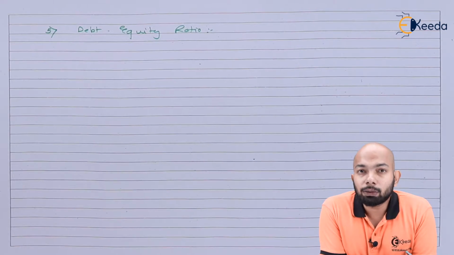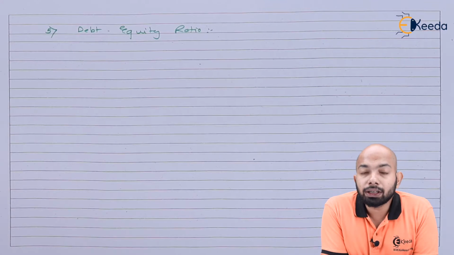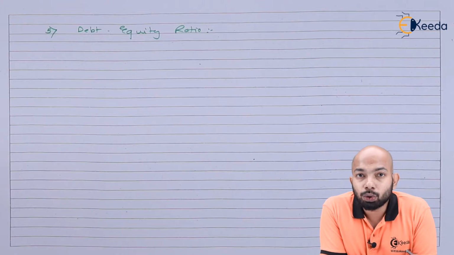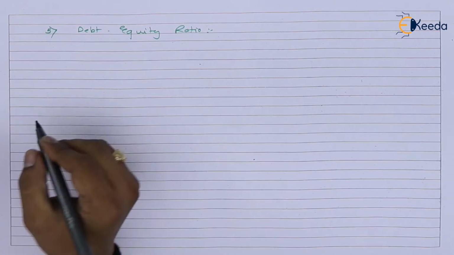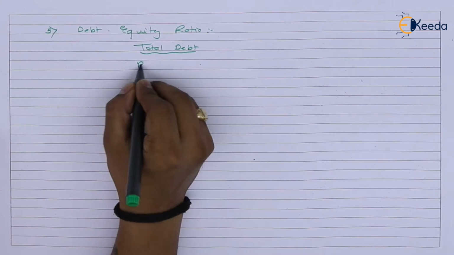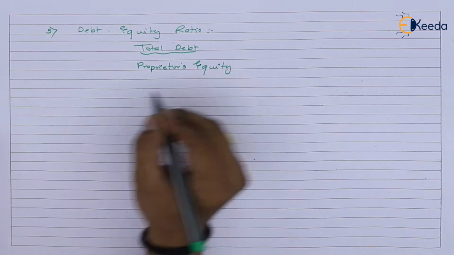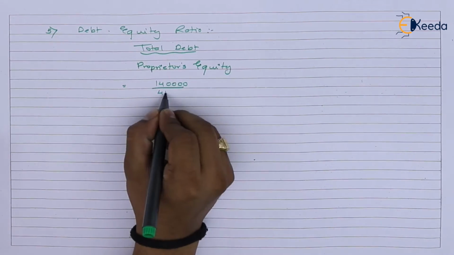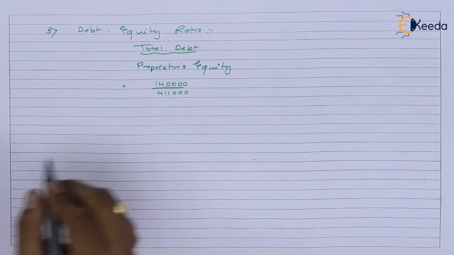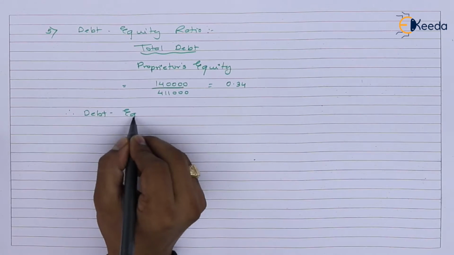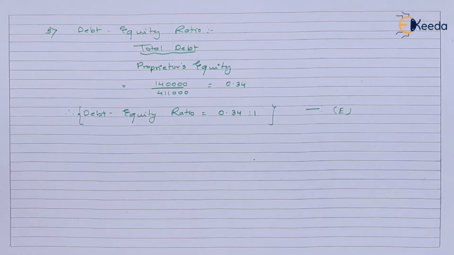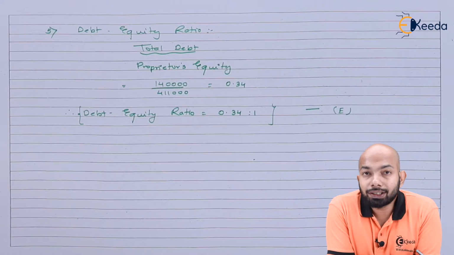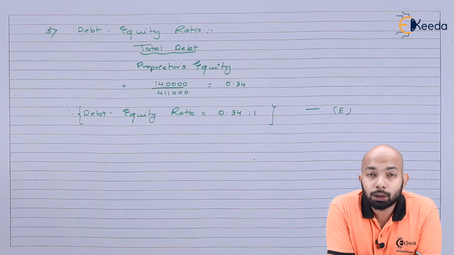Now the next ratio that we'll be dealing with is debt upon equity ratio. That means total debt upon total equity, or rather proprietor's equity. So that comes to 0.34 is to 1. That is the debt equity ratio.